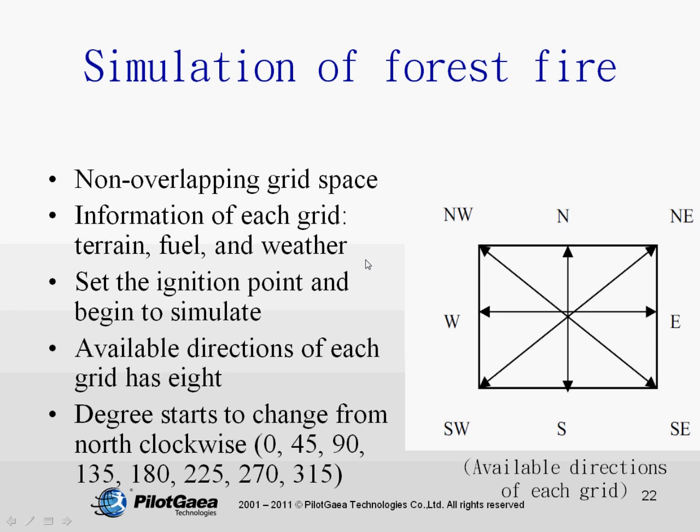Each grid has the terrain information. The terrain information means the related GIS information, like fuel, weather, spread speed, and direction, and so on. After the user sets the ignition point, the system will begin to simulate the fire spread.